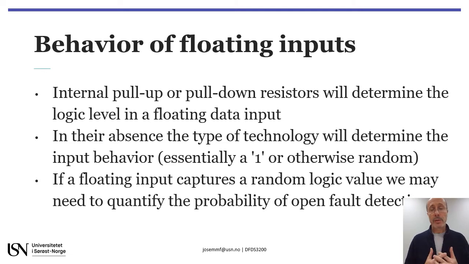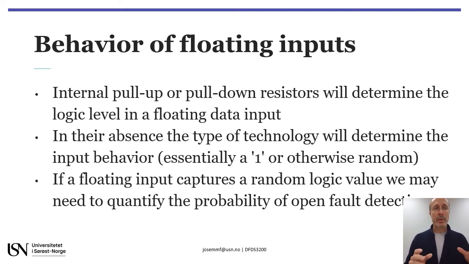If pull-up resistors do not exist, the type of technology used for implementing the input stages may also determine that we continue to capture a 1 when the input is floating. This is normally what happens in TTL bipolar logic, and likewise in the case of the boundary scan devices that we will be considering as examples.